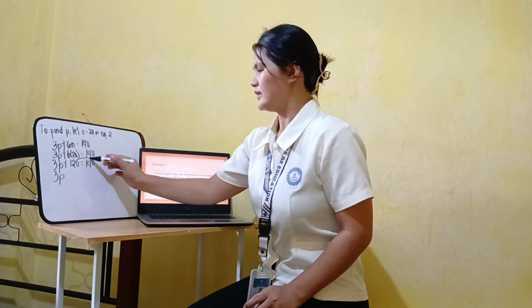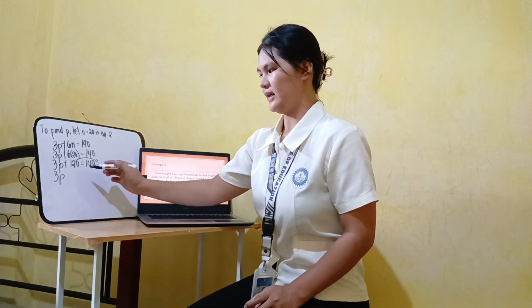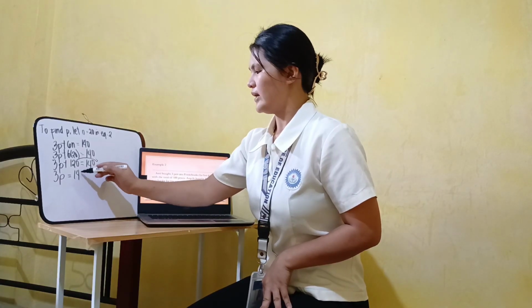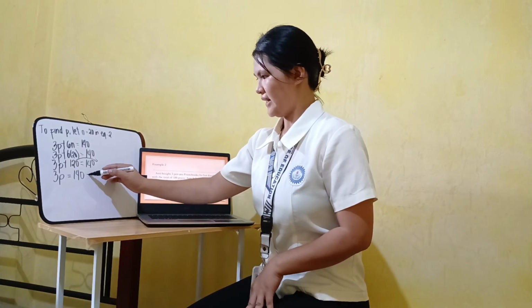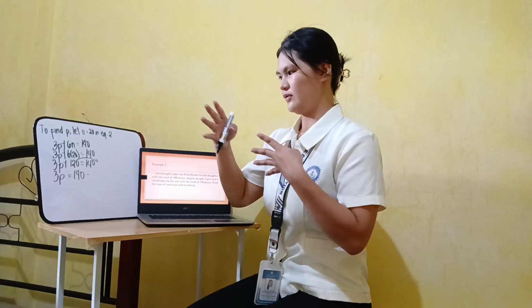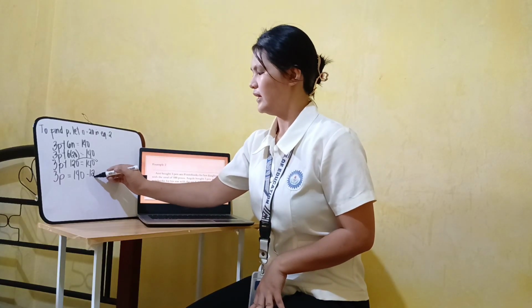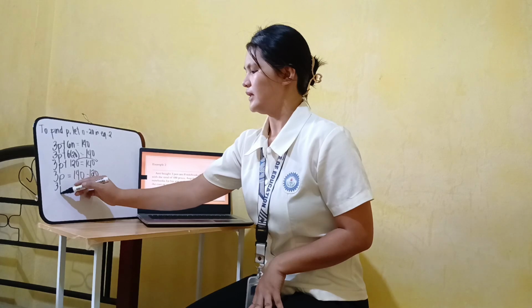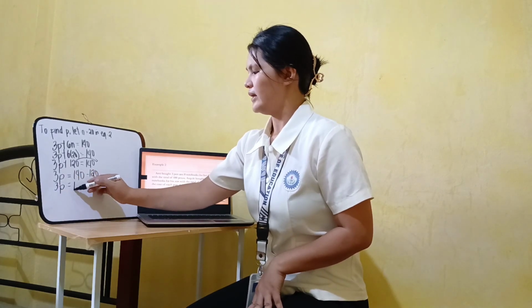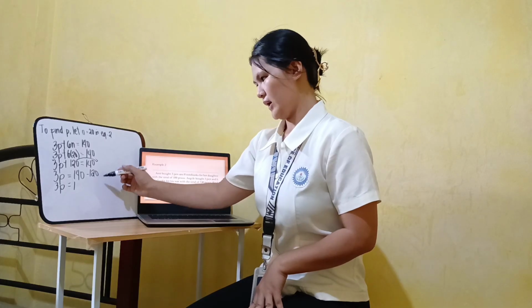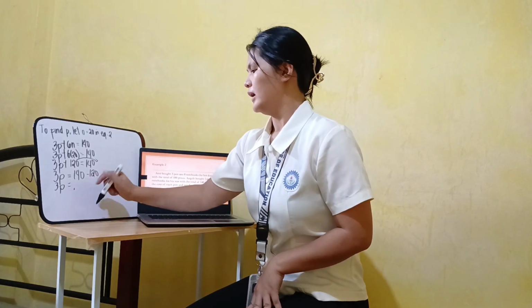And para ma-isolate natin si variable p, we have to transpose the 120 to the right side. So 3p is equal to 140 minus, because you transpose it to the right side, that would become negative 120. So 3p is equal to 140 minus 120 is equal to 20.